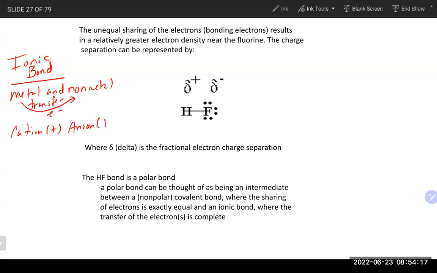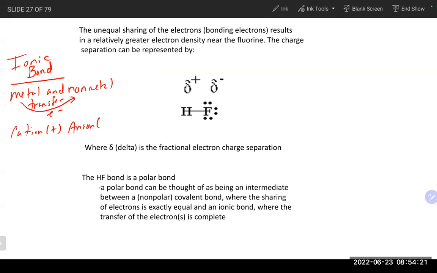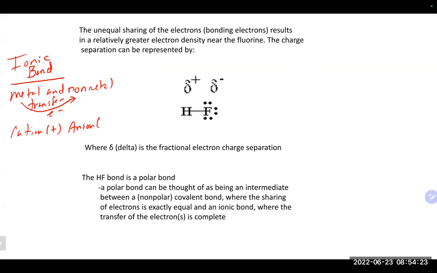Not positive, but negative would be good. And again, no sharing of electrons here. And an example would be, like I just wrote there, sodium chloride.